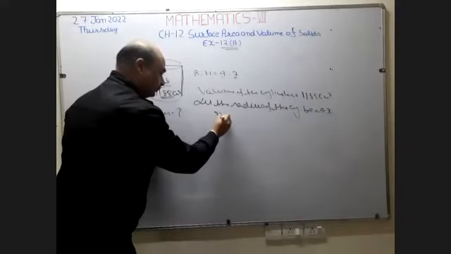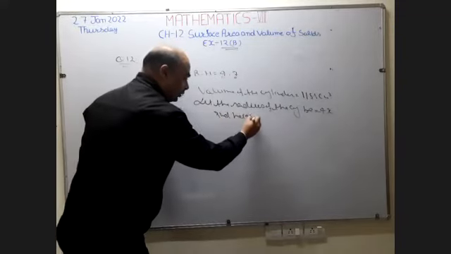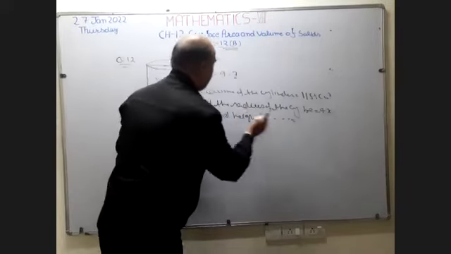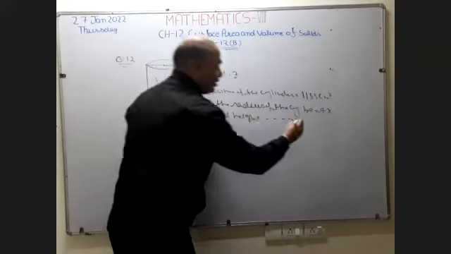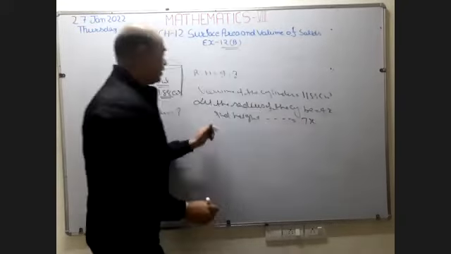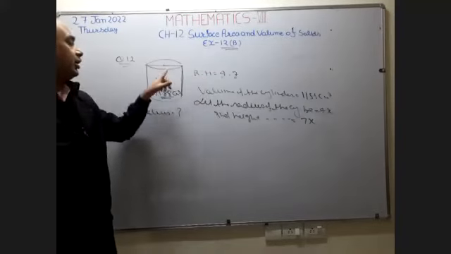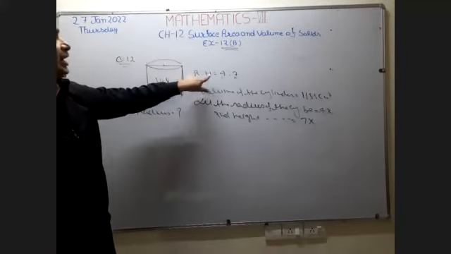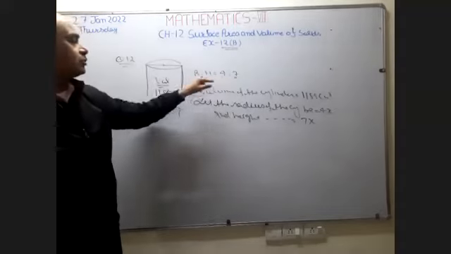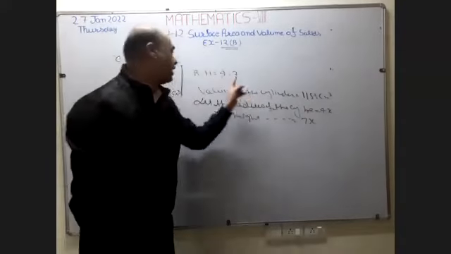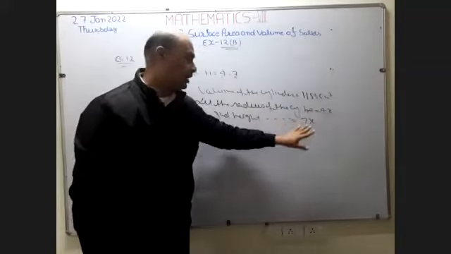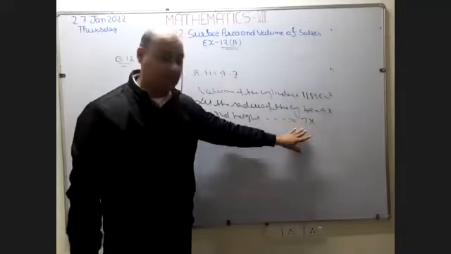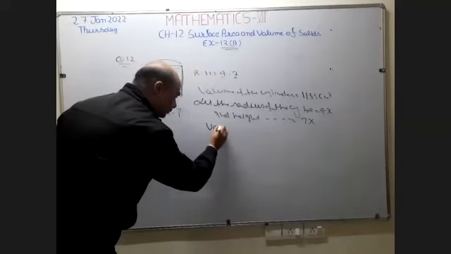And the height of the cylinder is given 7, so it's going to be 7x. Since it is given in your book, ratio between radius and height 4:7, I suppose radius 4x and height equal to 7x. Is it clear? Now what is given? Volume of the cylinder is given. So I write here volume of the cylinder.